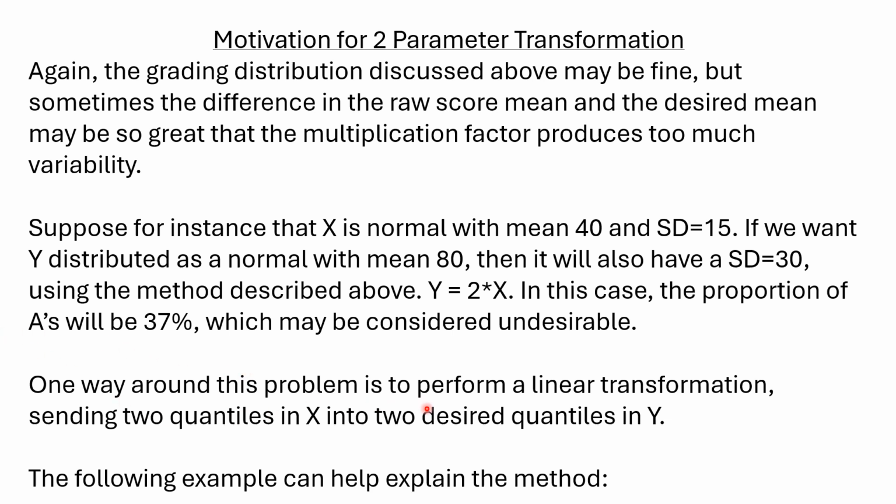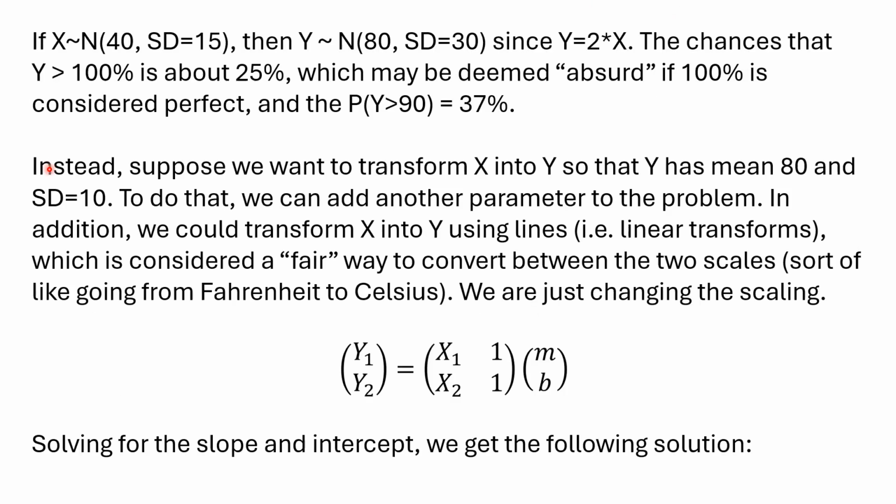One way around this problem is to perform what we call a linear transformation, sending 2 quantiles in X to 2 desired quantiles in Y. The following example can help explain this method.